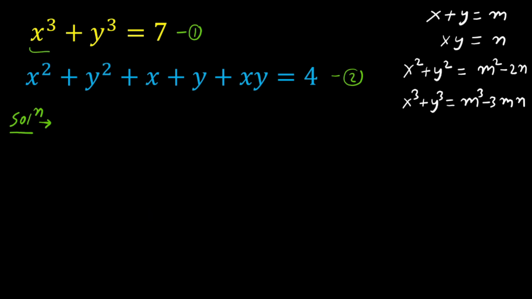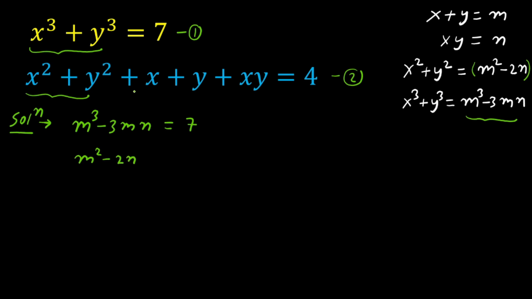In equation first, x^3 + y^3 is m^3 - 3mn = 7. In equation second, x^2 + y^2 is replaced by m^2 - 2n, x + y is replaced by m, and xy is replaced by n, so m^2 - 2n + m + n = 4.